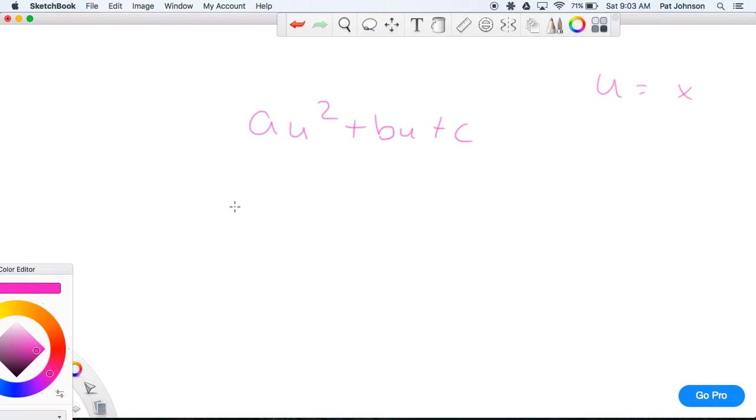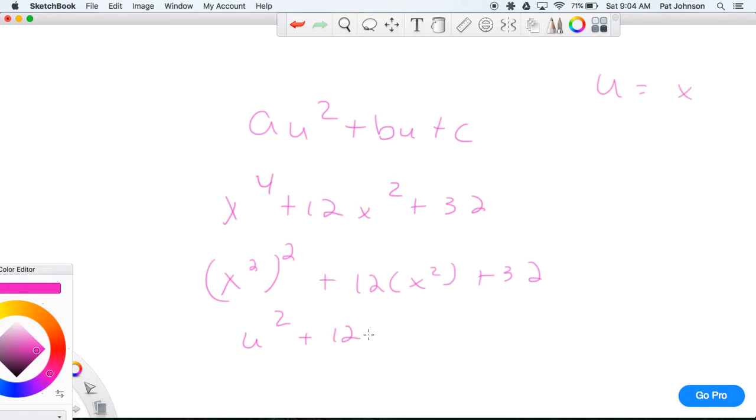For instance, if we had x to the fourth plus 12x squared plus 32, we could rewrite this to say x squared raised to the square plus 12x squared plus 32, or we could say u squared plus 12u plus 32 if we let u equal x squared in this case. Then it makes it easier to solve, and then we can go back and substitute x squared for u at the very end. Let's look at an example of that.